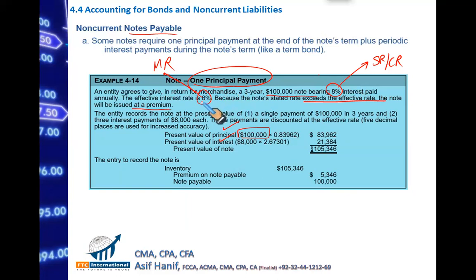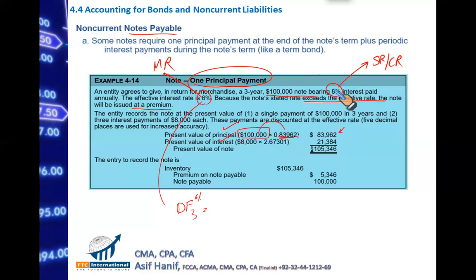I will go to the present value table and see the discount factor in the 3rd year under 6%. This factor is 0.83962, which means if I multiply the $100,000 with this factor, it converts this 3rd year outflow into its present value, 83,962.